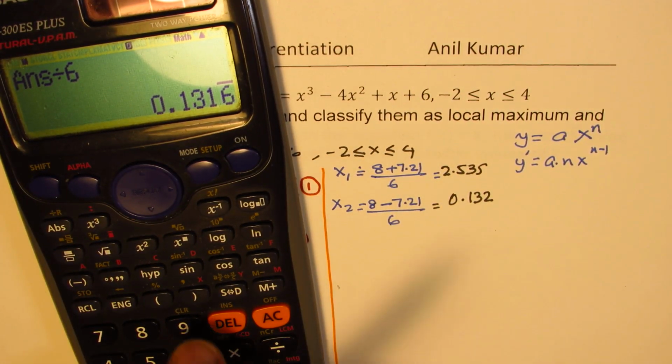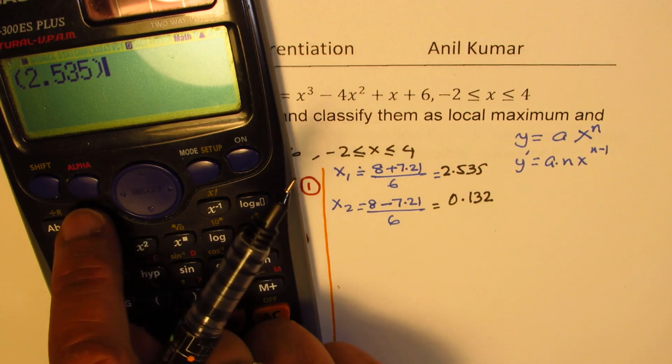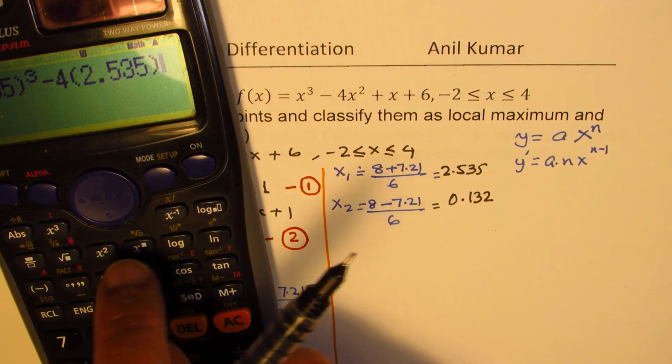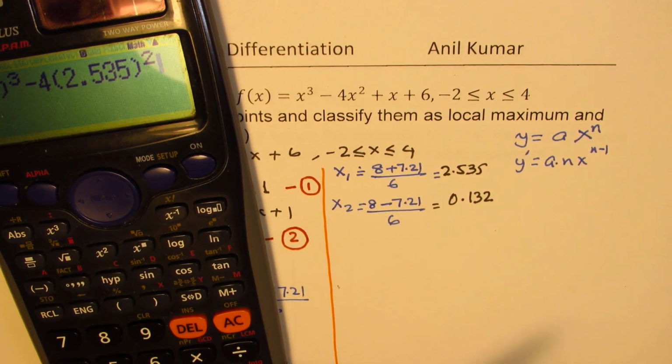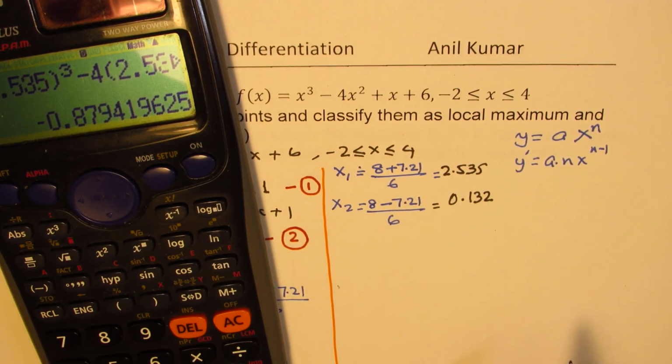We have 2.535 whole cube minus 4 times 2.535 square plus 2.535 and then plus 6. The y value is minus 0.879.